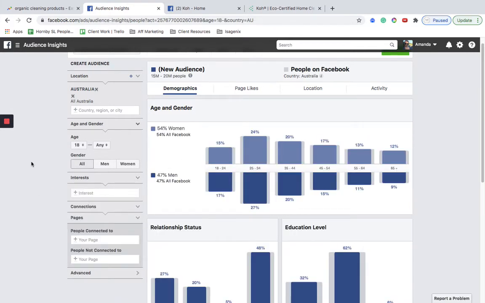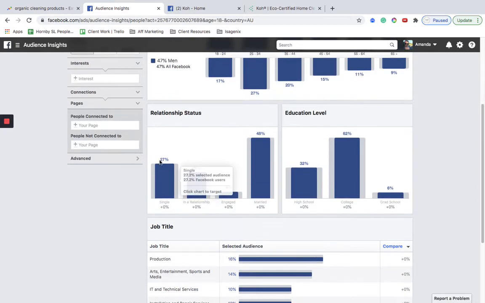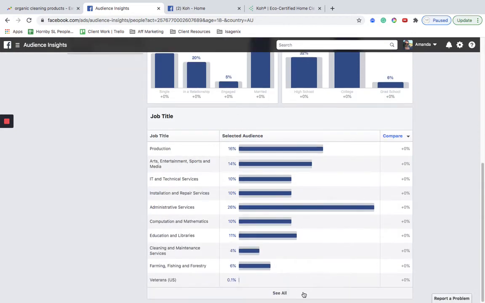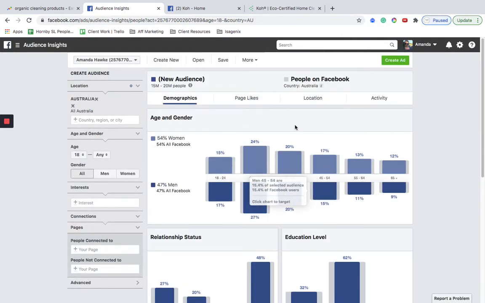So what you'll see here is just by typing in Australia, I can very quickly see the demographics. So I can see women along the top, men, so 54% of the population is women, that's on Facebook. And down here you get relationship status, you get education level, and you can see what jobs they're in or industries they're working for.